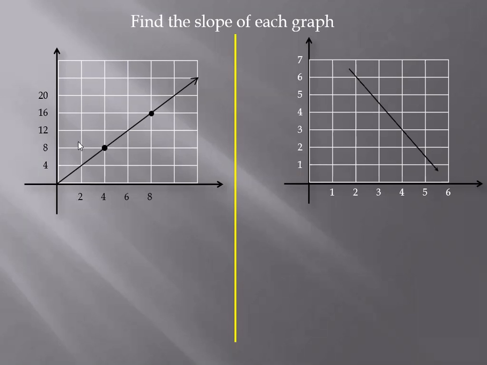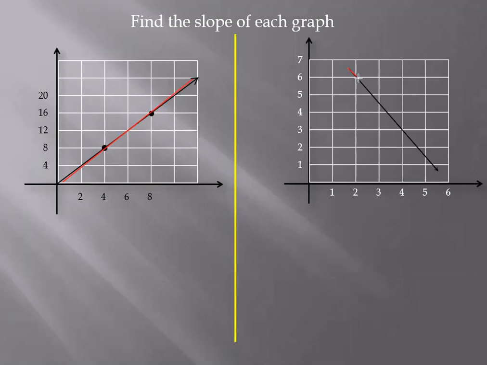Before we start, we want to explain that we have 4 types of slope. The first slope: if the line points to the right side, like this line, we will say that the slope is positive.